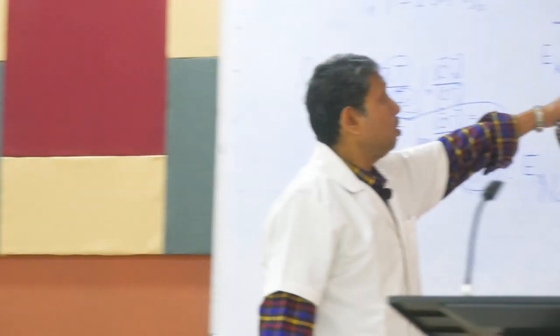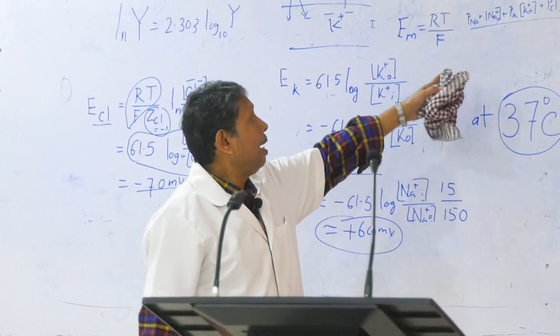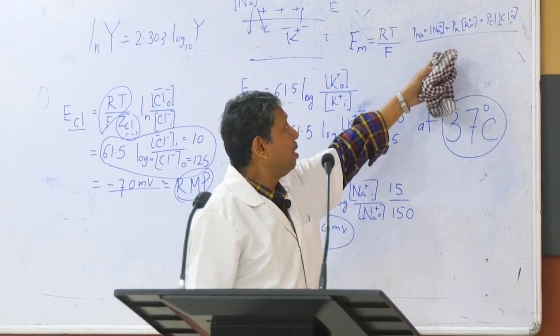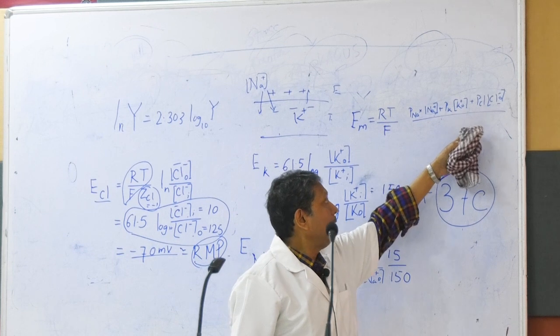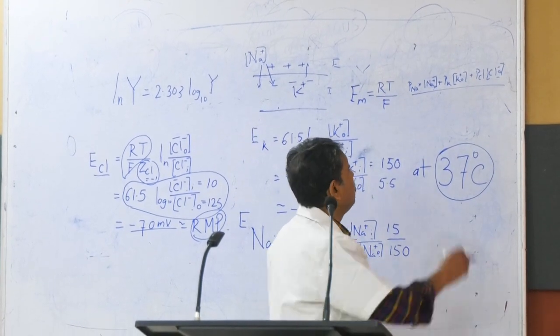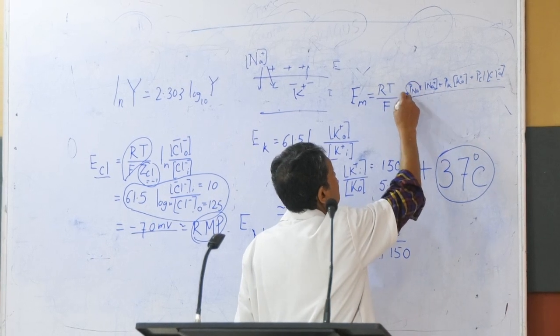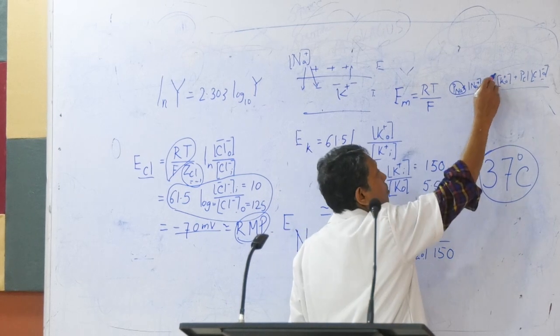This is the Goldman constant field equation, with the numerator and the denominator containing the same terms: sodium, potassium, and chloride. Since PNa is very low, the resting membrane potential depends primarily upon the other values.